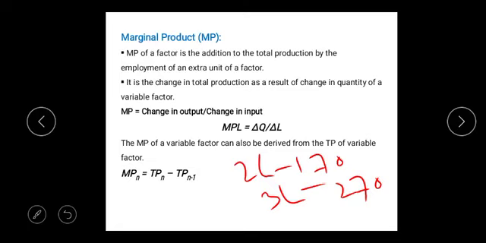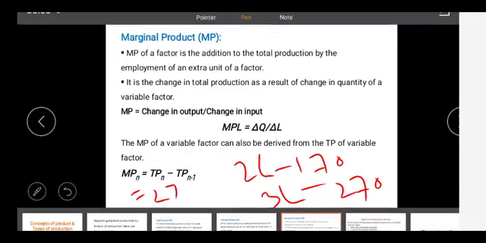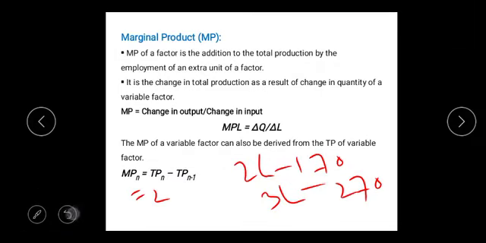And here in our case, total product of 3 units of labor is 270 quintals minus total product of 2 units of labor, which is 170 quintals.